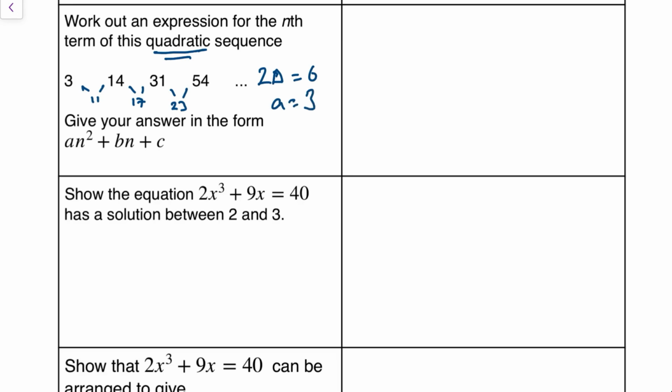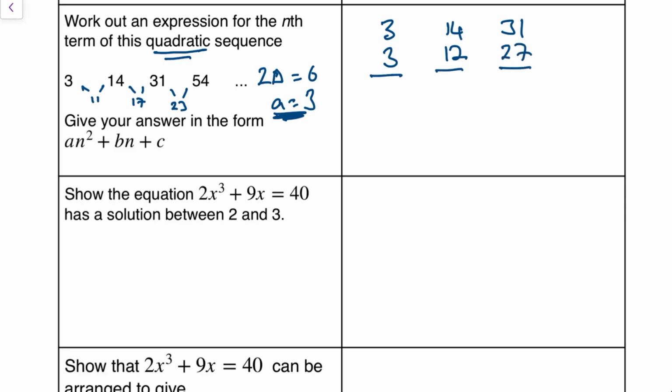Now, if this is the first of my videos you've watched, I do this slightly differently to the learn an squared plus bn plus c method. I do it as a difference. So in other words, my sequence is 3, 14, 31. Then I've learned that my n squared part is 3 times n squared. So if I write that underneath, 3 times 1 squared is 3, 3 times 2 squared is 12, and 3 times 3 squared is 27.